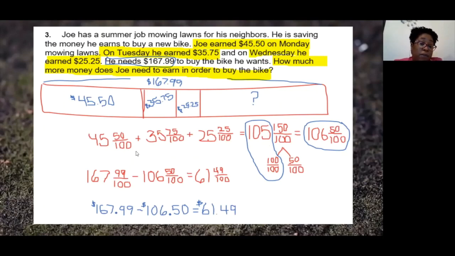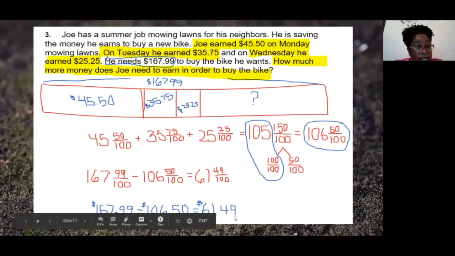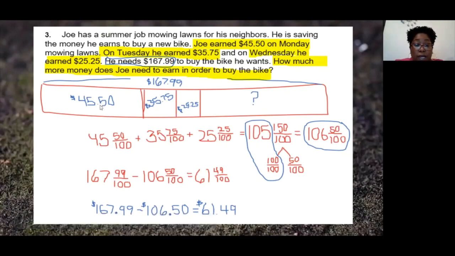Here's just one possible way to solve it. You may have come up with a different strategy, and that's okay, as long as when it was done, your total was $61.49. We can start by changing all of the decimals to fractions. So that's 45 and 50 hundredths plus 35 and 75 hundredths plus 25 and 25 hundredths equals 105 and 150 hundredths.